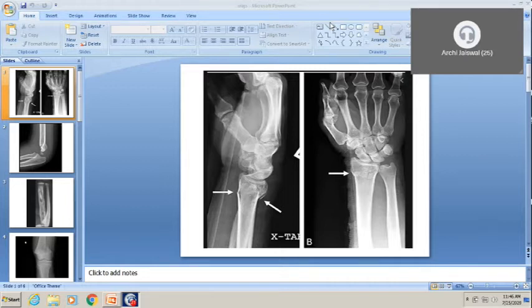Finger stiffness. What else? Malunion. What else? Carpal tunnel syndrome. Complex regional pain syndrome, CRPS. Okay. The rupture of EPL.